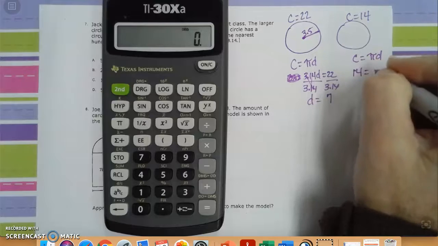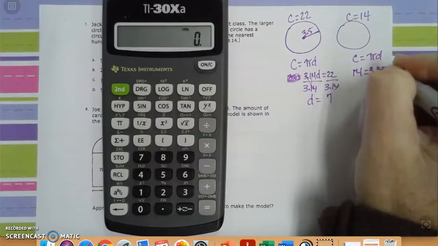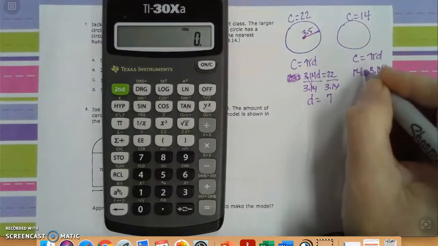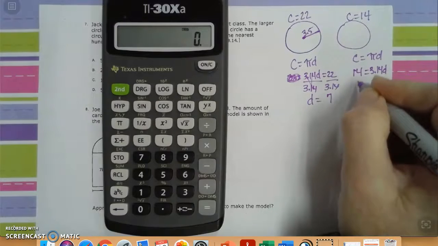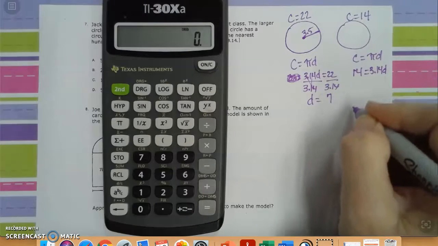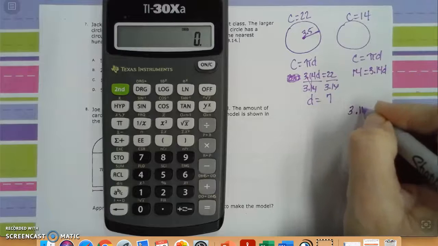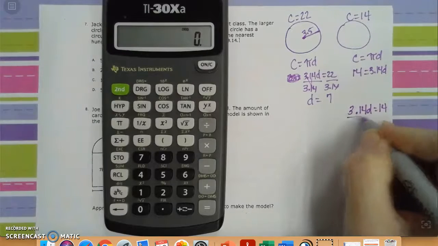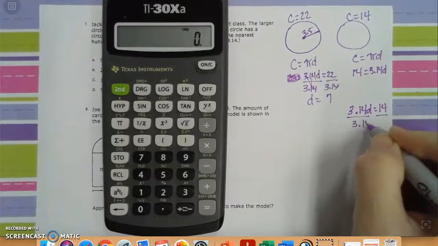So here we've got circumference equals pi d again. So 14 equals 3.14 times d. I want my 14 over there, but I didn't leave enough space, so I'm going to rewrite it. I'm getting too much going on up here. I should have got out another sheet of paper. So divide by 3.14.